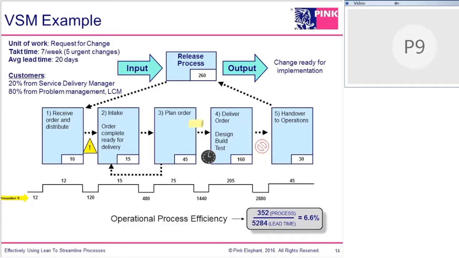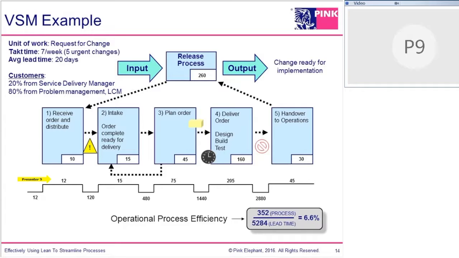There's standard waiting time up here. There's process time down here, actual time spent on the process. And there's lead time and wait time down here. So then we perform a calculation. We add up all of the numbers on this top level, 12, 15, 75, 205, and 45, which comes to 352.